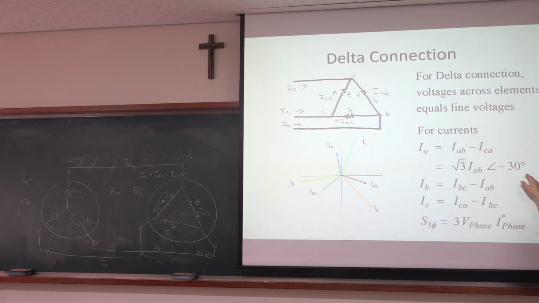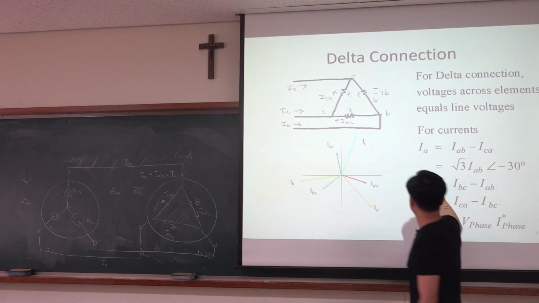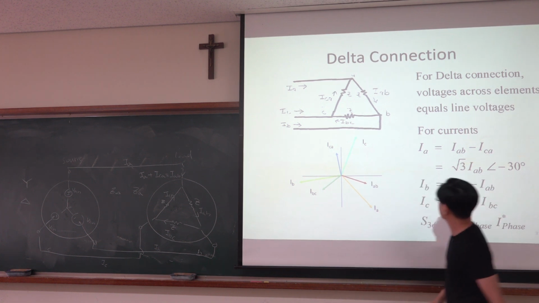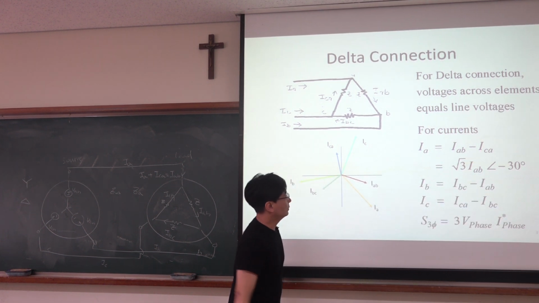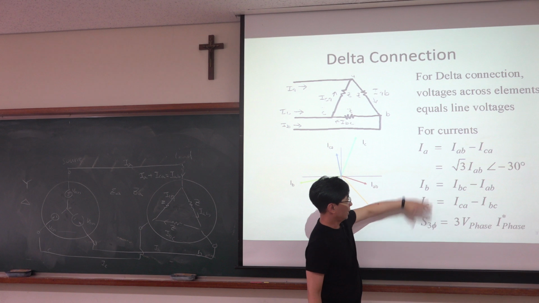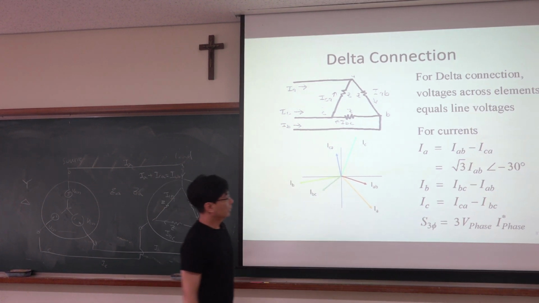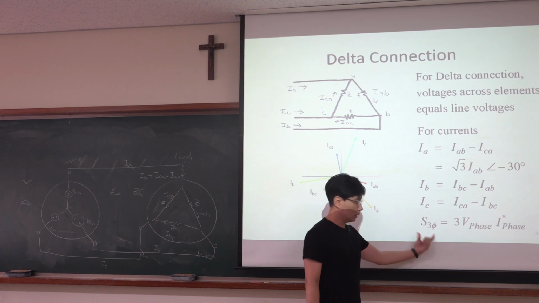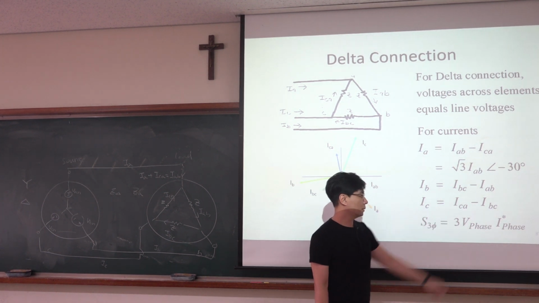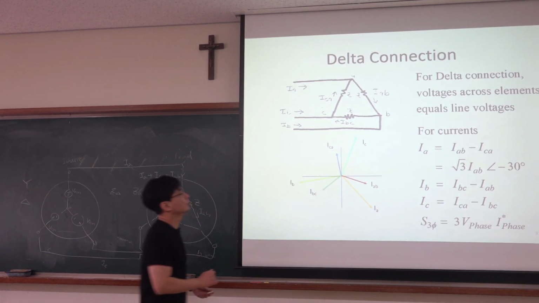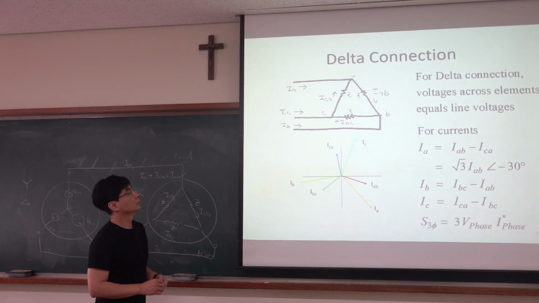This is your homework by Thursday. Derive this. The same things apply, and at the load side, the delivered power is 3 times V phase times I phase conjugate.